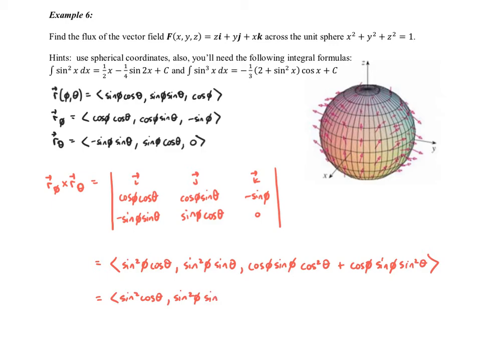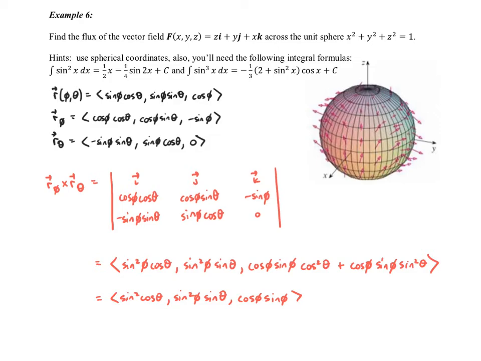Remember, while you're working on these problems, especially ugly ones, you want to simplify as much as possible before going on to the next step. In this case, in the last component, cosine squared plus sine squared is equal to 1, and we're able to factor out the cosine phi, sine phi. We've done that for a number of these examples in this section. But anyway, here's our cross product. So we'll hold on to that for a moment.